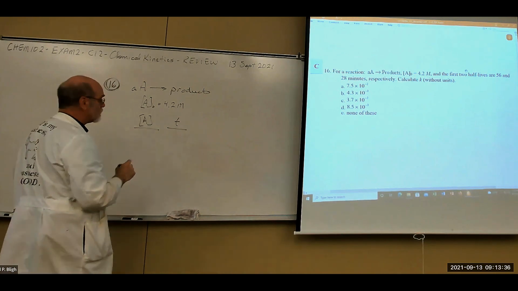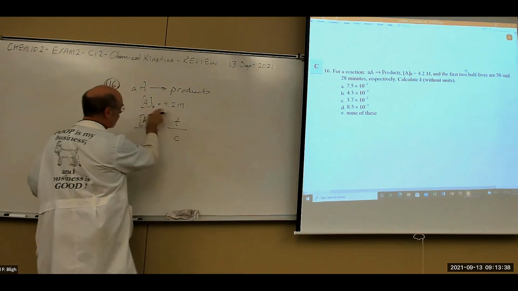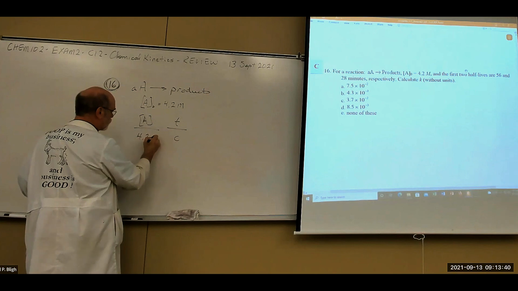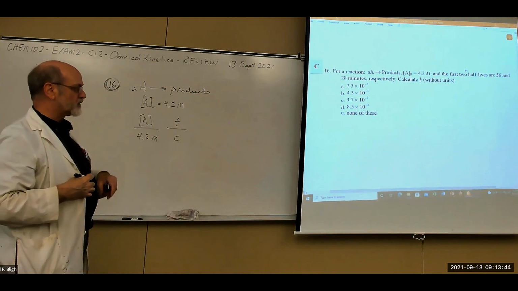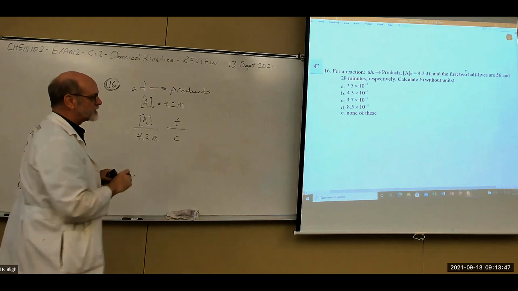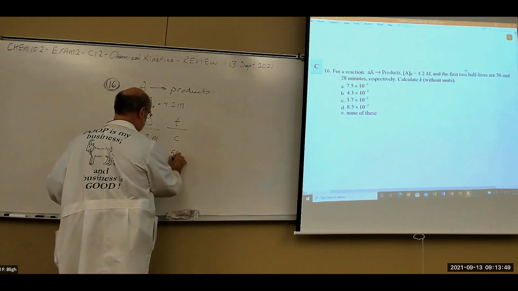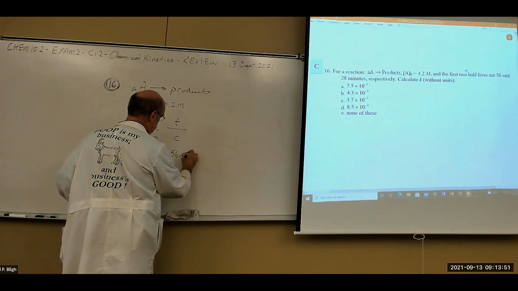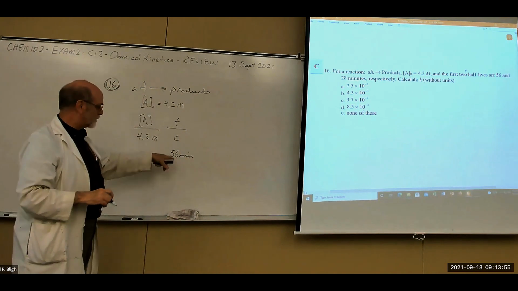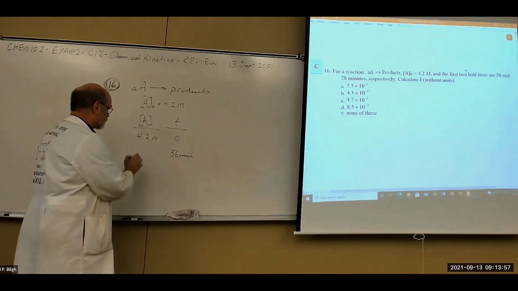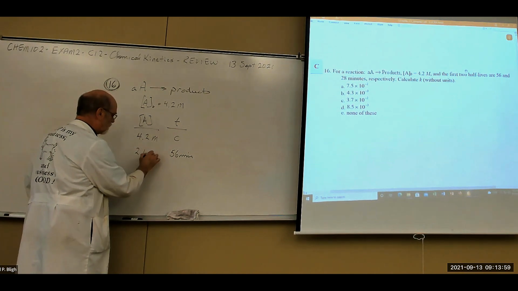So at time 0, the concentration was 4.2 molar. What was the concentration at 56 minutes? Half of it, right? That's the first half-life. So the concentration has to be 2.1 molar.